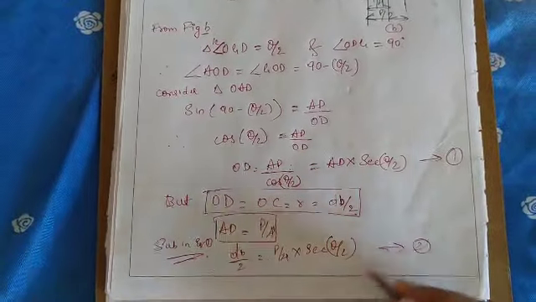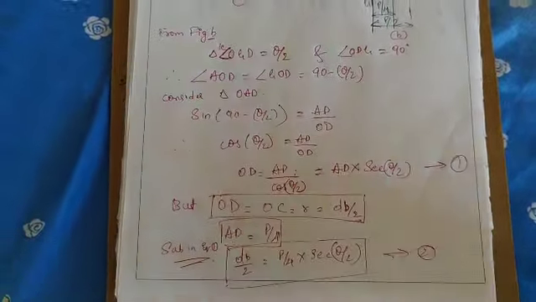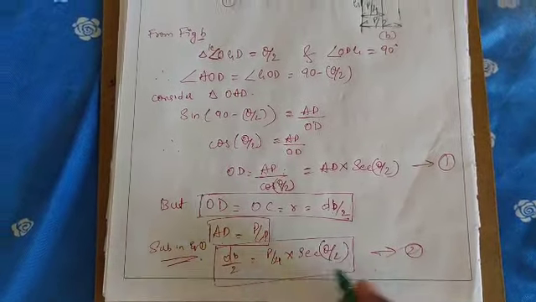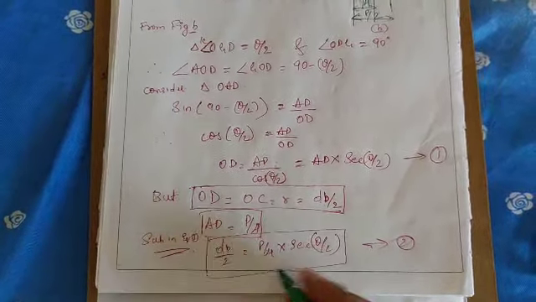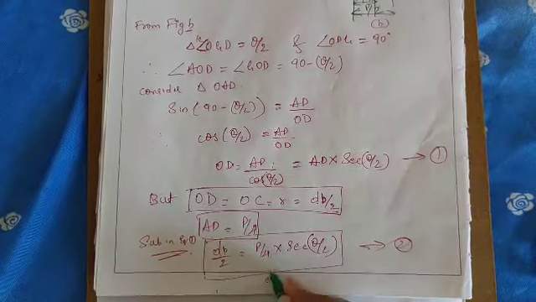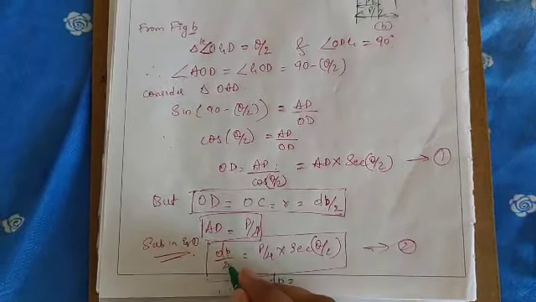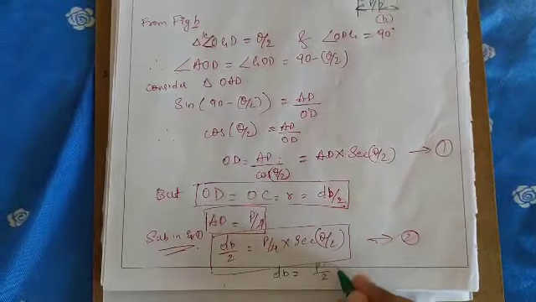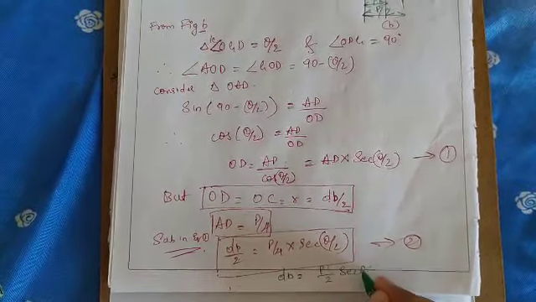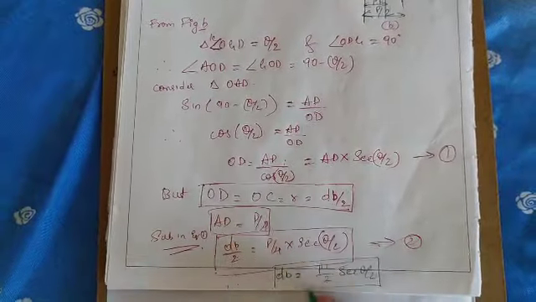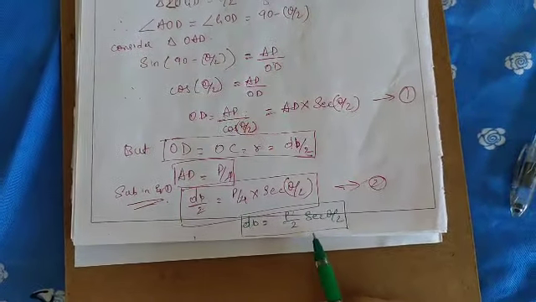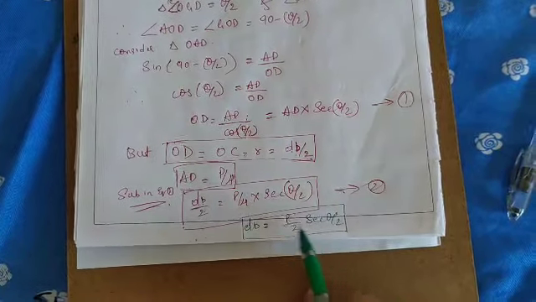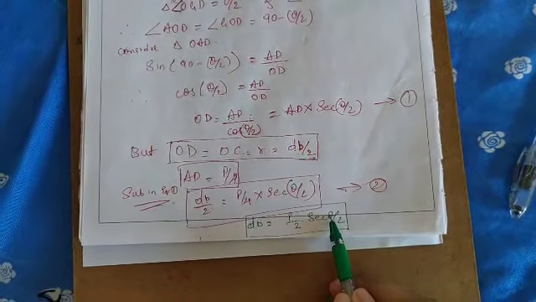Call this equation number 2. Writing it in another form, Db is equal to 2 times P by 4 secant theta by 2, that is P by 2 secant theta by 2. This is the formula for the best wire diameter in terms of pitch and theta, the thread angle.